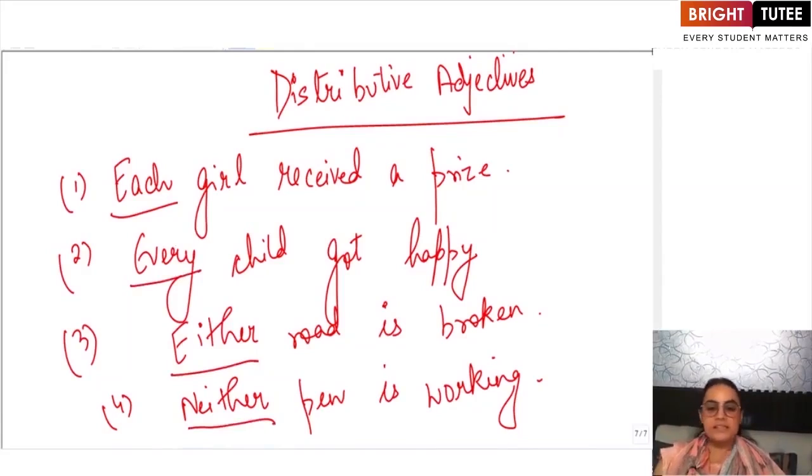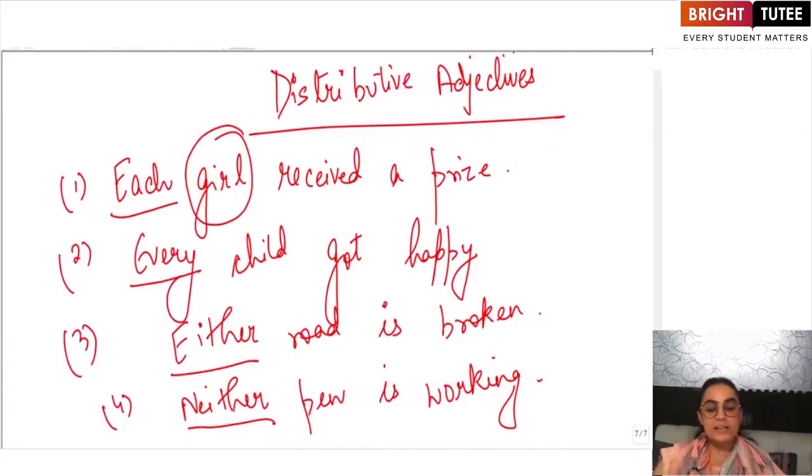These words in these sentences are telling us how things got distributed between the nouns. The first sentence, each girl received a prize. So, this is making sure to point out that each of the girls received a prize. So, the prize got divided equally among all the girls. Every child got happy.